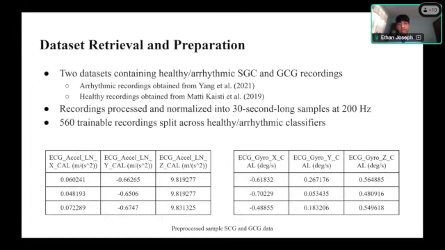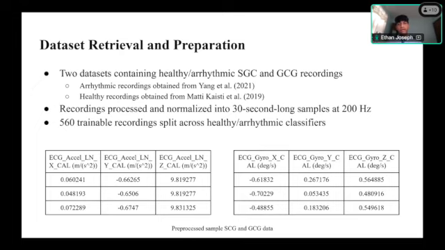So this project used two data sets, the first of which was arrhythmic recordings, and the second of which was healthy recordings, and both of these included SCG and GCG data. These recordings were originally obtained in a relatively unordered state.